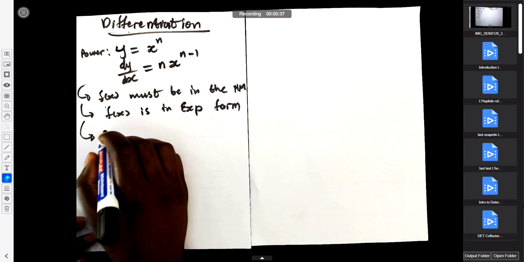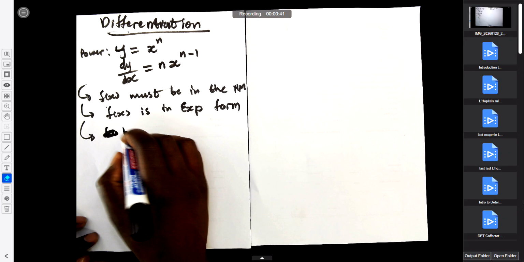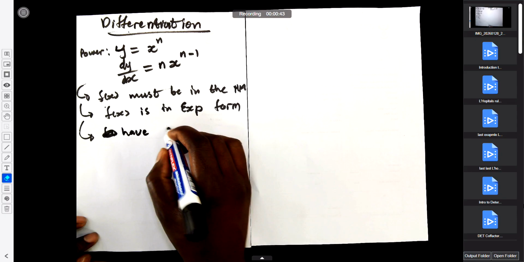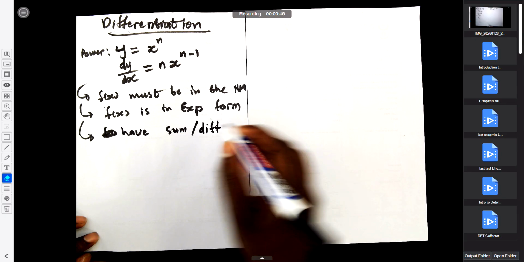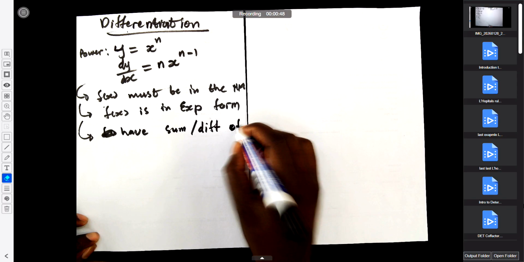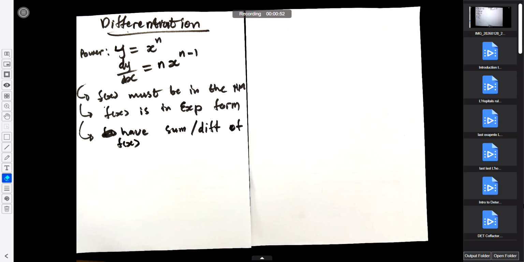And again, you must have a sum or difference of functions, which means addition or subtraction of functions. So sum or difference of functions, that's what you need to recall.